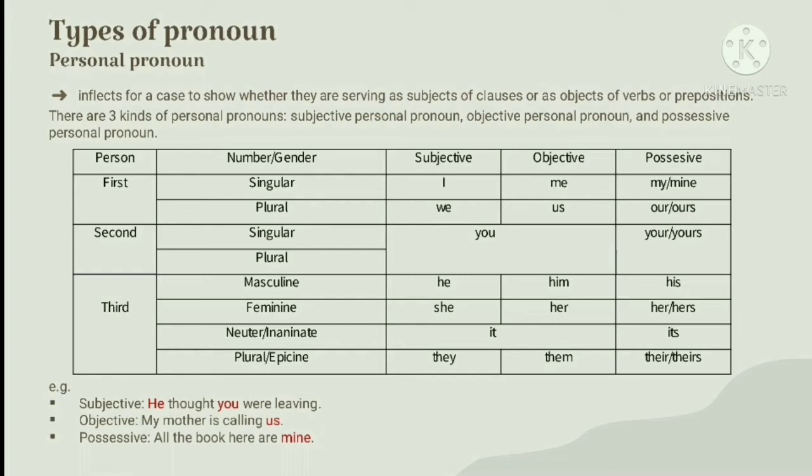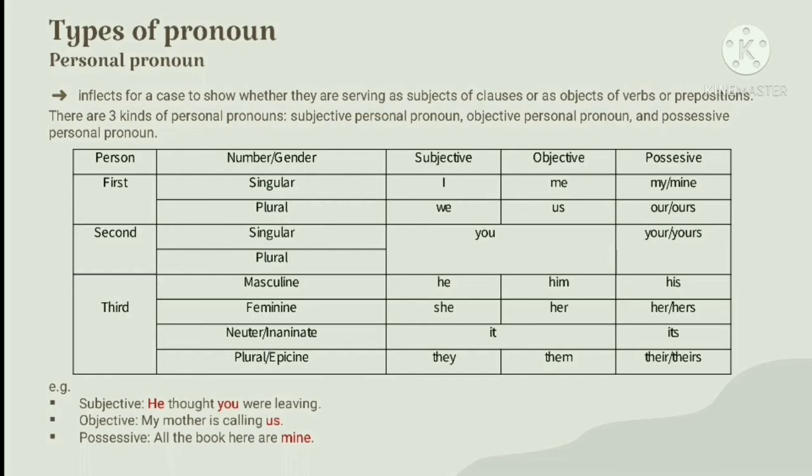The first person plural one is we in subjective personal pronoun, us in objective personal pronoun, and our or ours in possessive personal pronoun. The second person, singular or plural, in subjective and objective personal pronoun is the same, which is you. And in possessive personal pronoun it is your or yours.